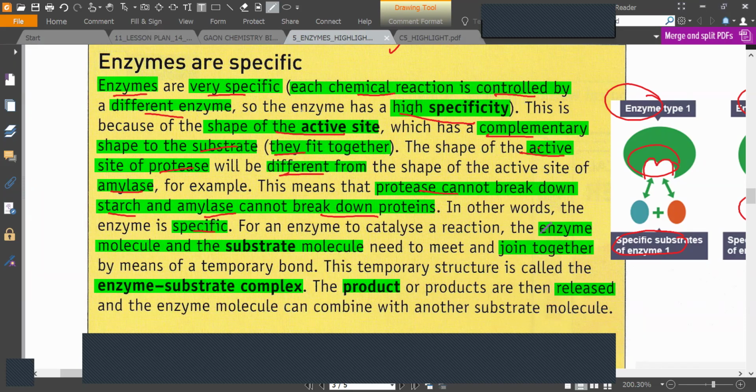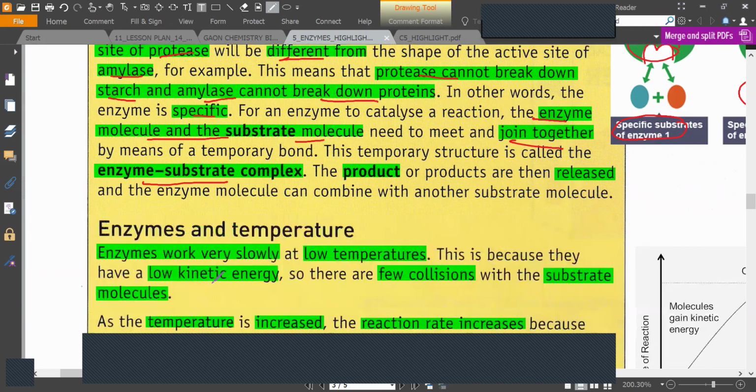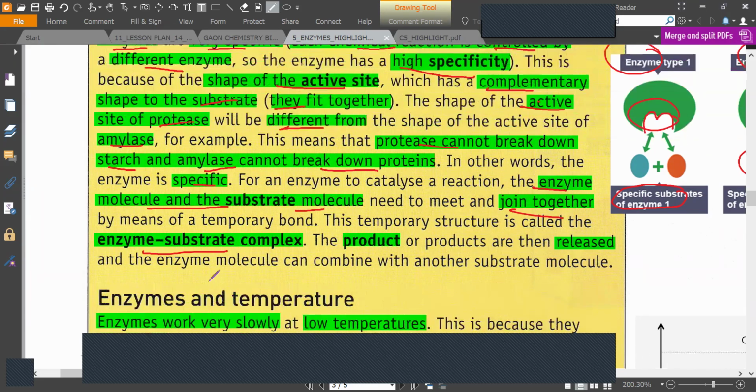So the enzyme molecule and substrate molecules will join together to form this enzyme substrate complex, and the products will be released.